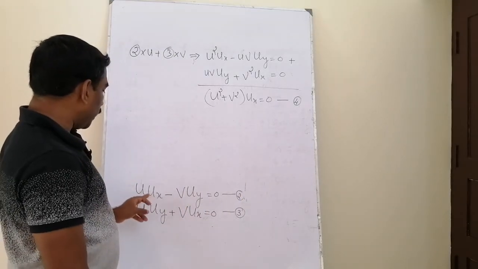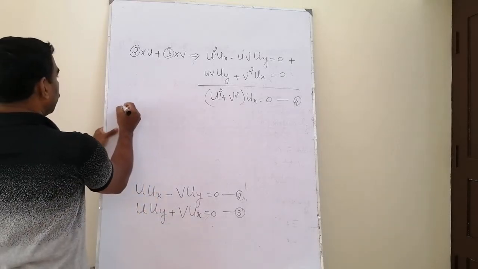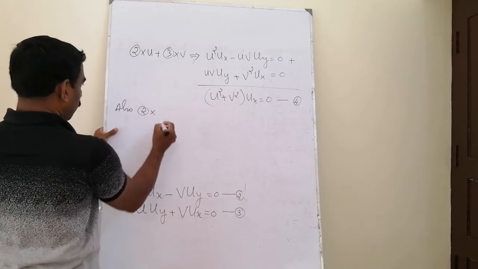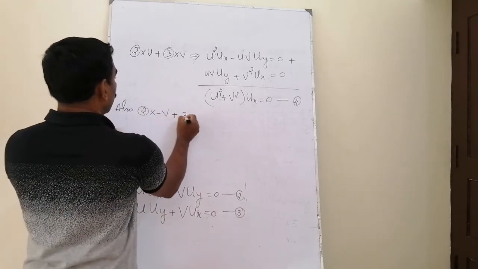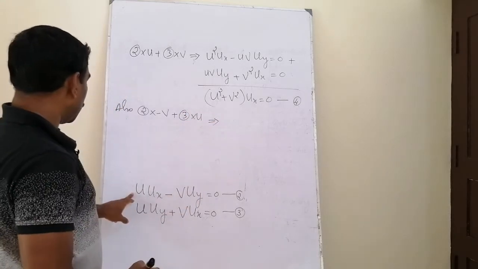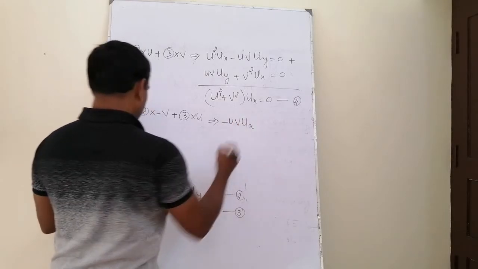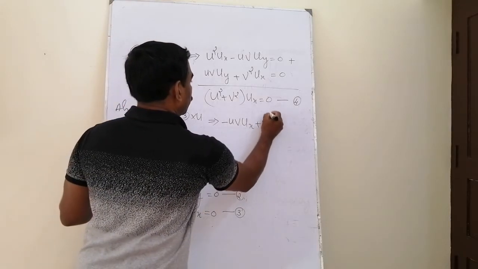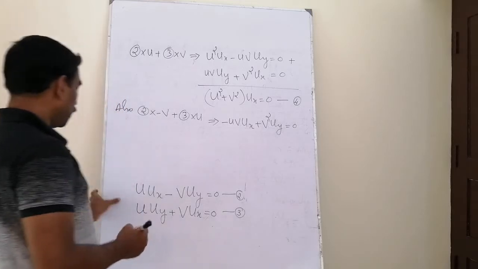Similarly, we can eliminate the ux term from equations 2 and 3 by multiplying equation 2 into minus v plus equation 3 into u, that implies minus uv into ux plus v square uy equal to 0.